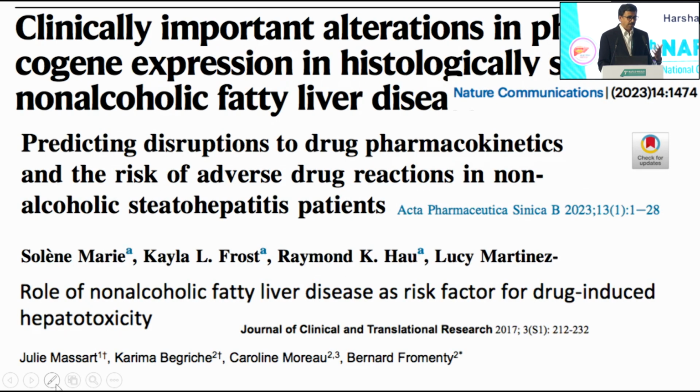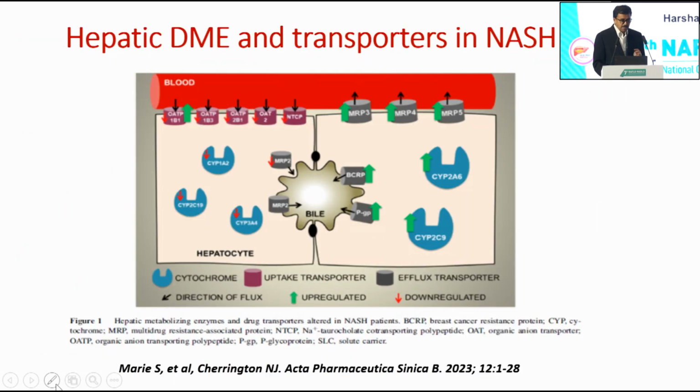Now, there is a lot of research and publications on the clinically important alterations in pharmacogene expression, and I have listed 3 of these publications here for those who are interested, summarizing hepatic drug metabolic enzymes and transporters in NAFLD.